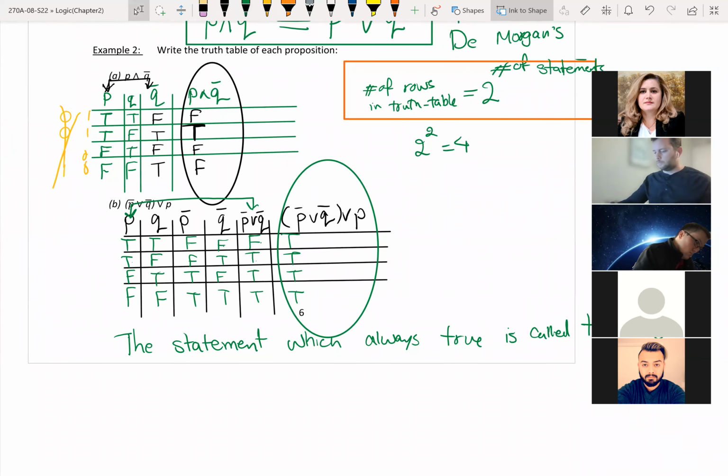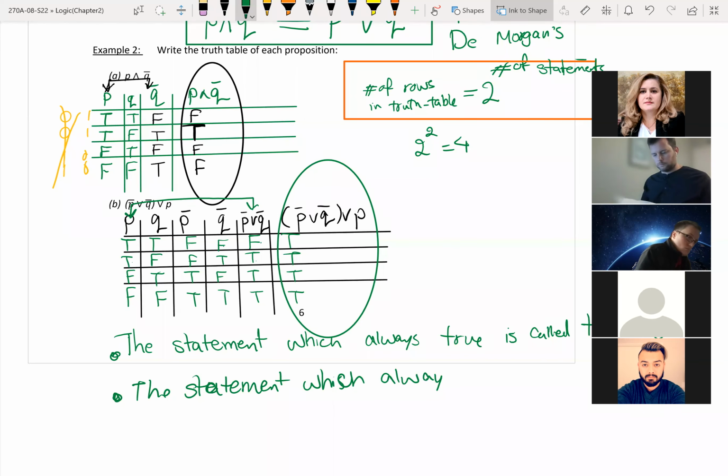So this is a tautology, actually. This statement which is always false is called a contradiction.